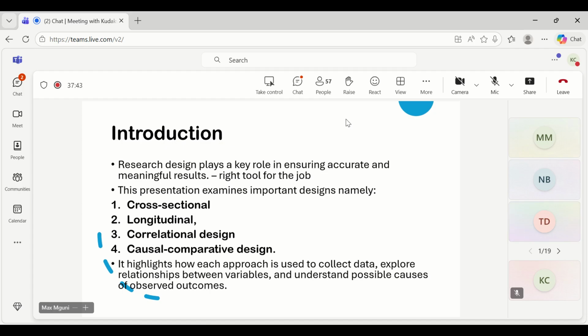It seems maybe the people are not asking questions, so can I ask one question? Okay, ma'am, you can go ahead. My question is: is it possible to combine these studies, for example, the cross-sectional study with the longitudinal studies?